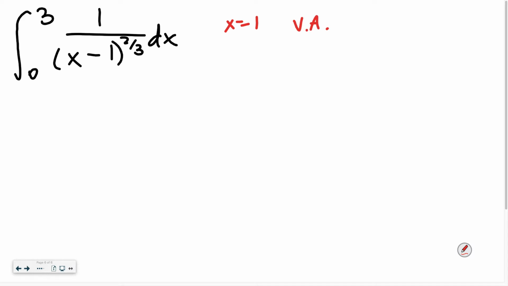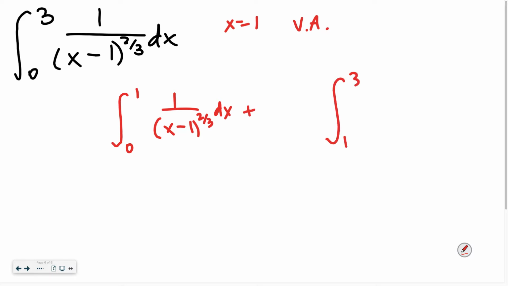So what we are going to have to do is break this up from 0 to 1 and from 1 to 3, because 1 is our point of discontinuity.